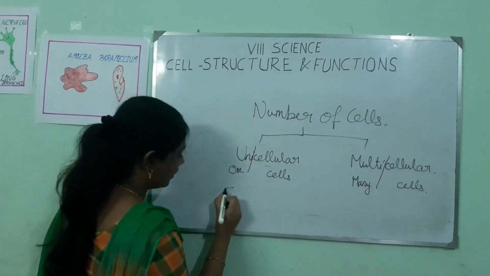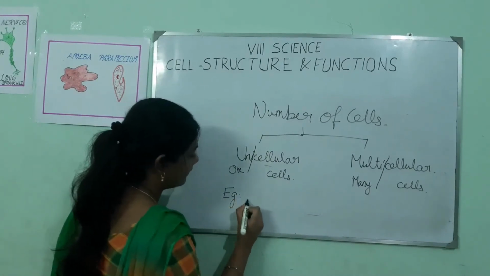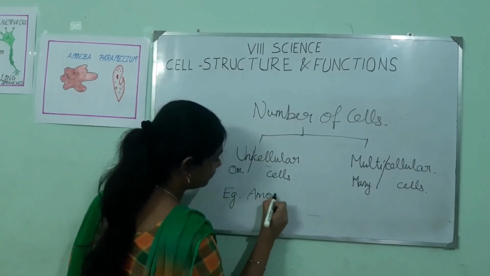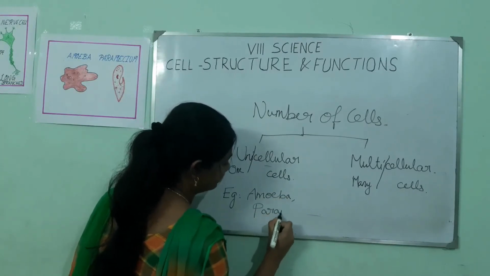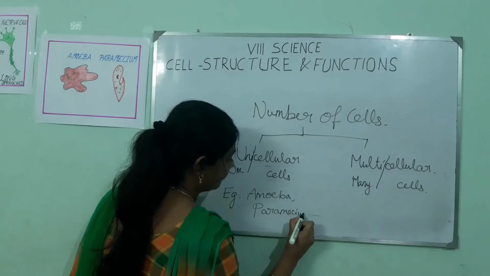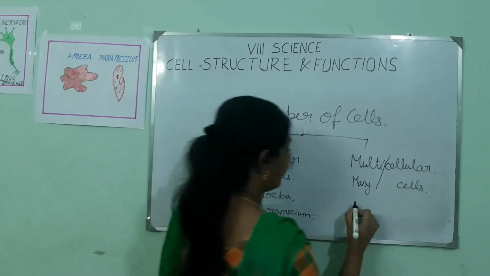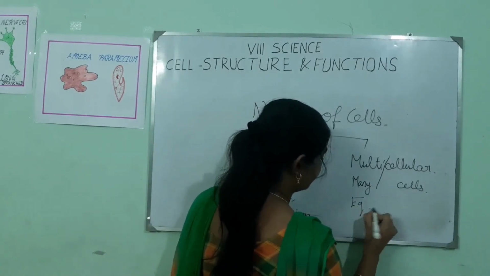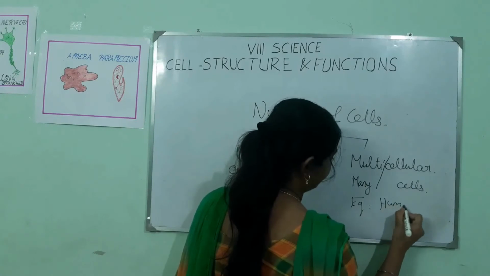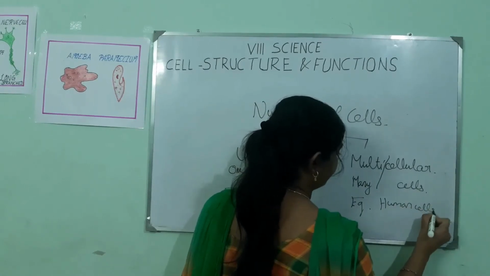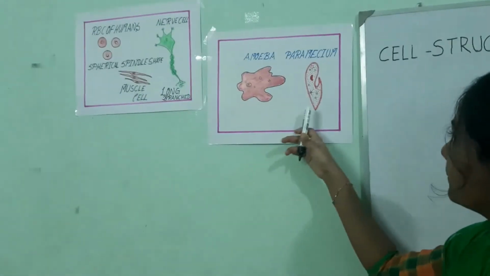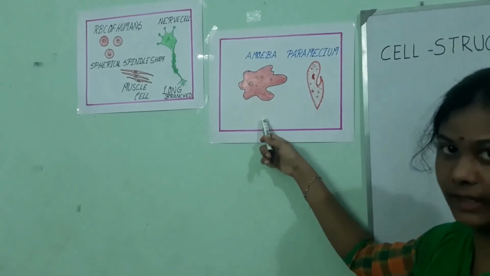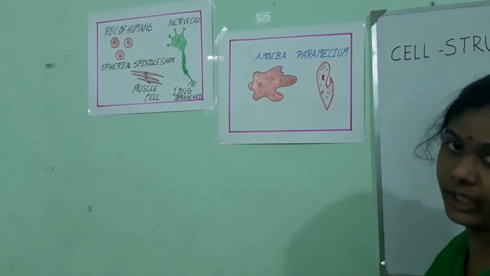Examples of unicellular organisms are amoeba and paramecium. Examples of multicellular organisms are humans. Here if you see, amoeba and paramecium are both examples of unicellular organisms.